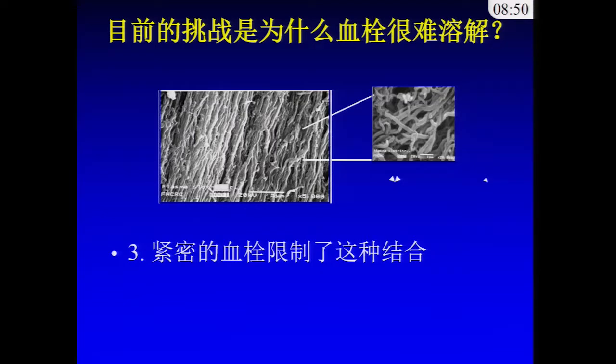The tiny fibrin strands prevent the drug from penetrating the thrombus, thus limiting access to plasminogen receptor sites.